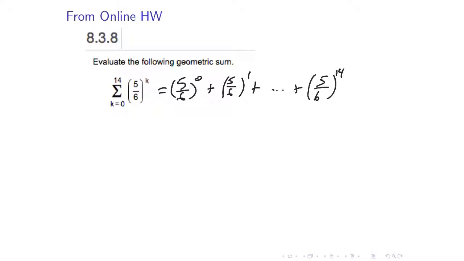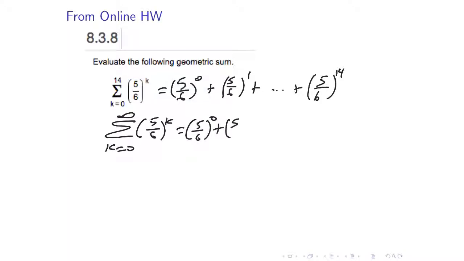So that's not an infinite sum, so I can't use my infinite series formula, but what I can do is form the series that does go on forever, which is exactly the same as this for as far as it goes. But this one just keeps going. Goes on forever.